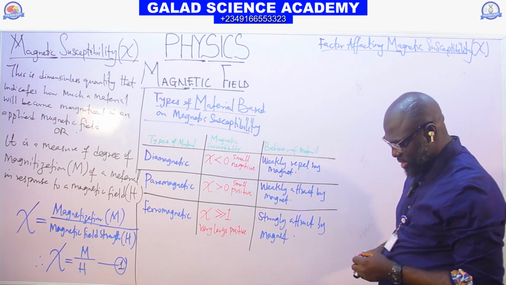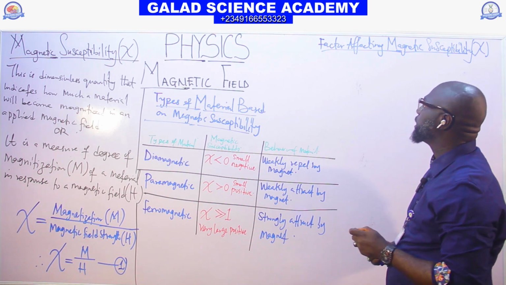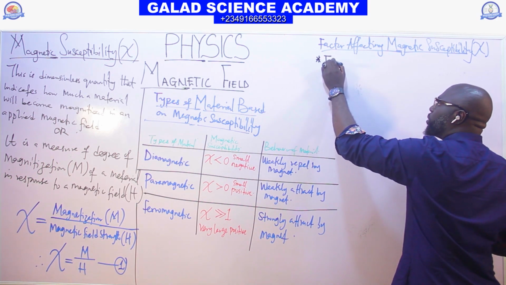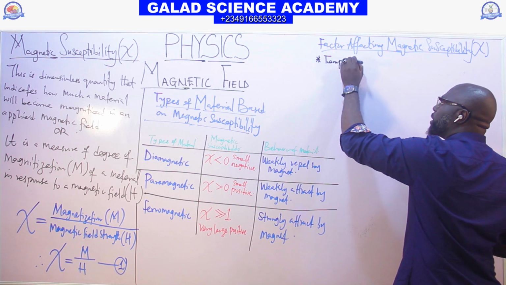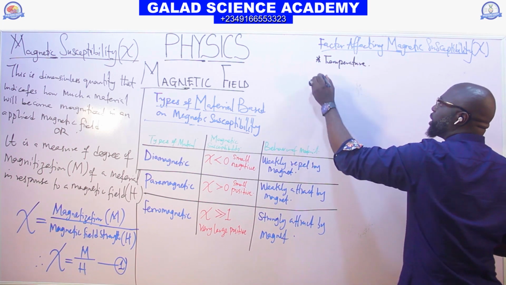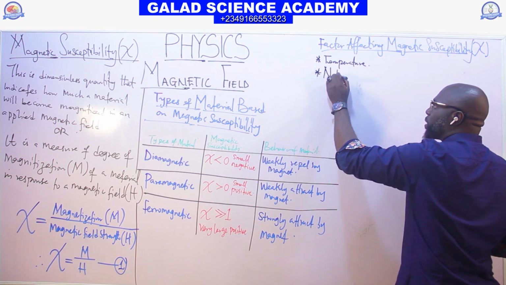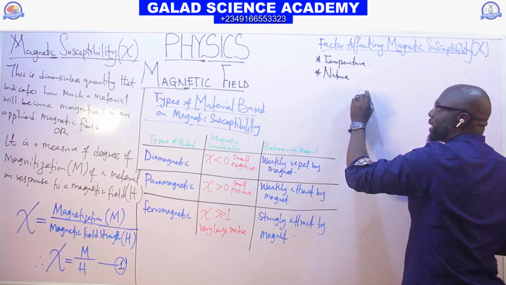major things. The first one is temperature. The second one is the nature of the material.